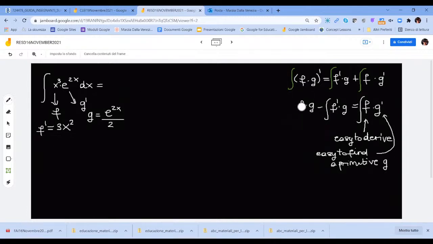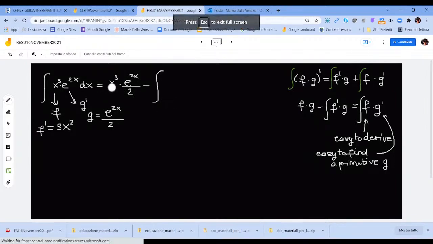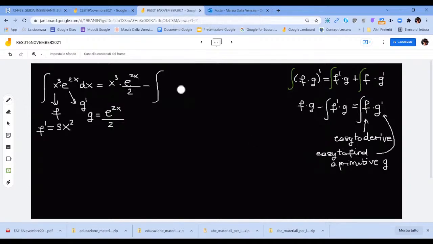We have f times g, so we have f, x to the third, times the primitive, e to the 2x divided by 2, minus now the integral of f prime, of course. The derivative f prime, this is this side.